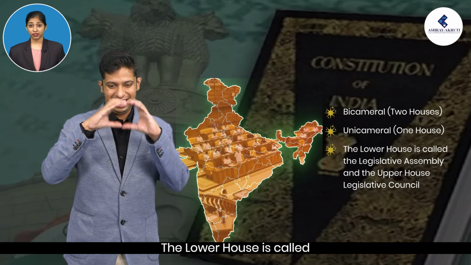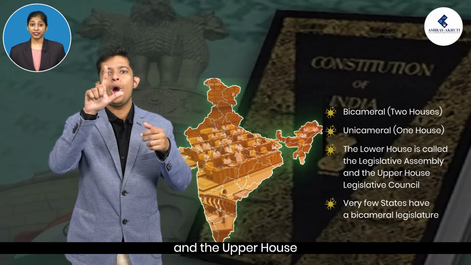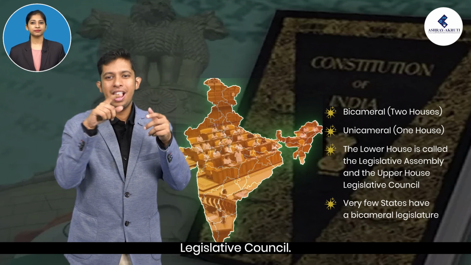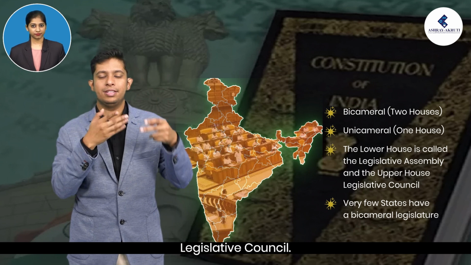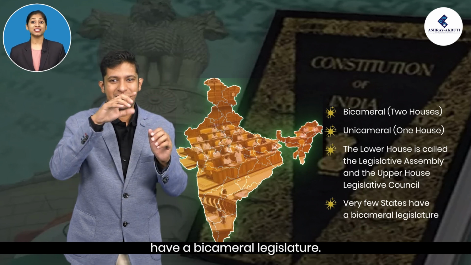The lower house is called the Legislative Assembly and the upper house the Legislative Council. At present, very few states have a bicameral legislature.